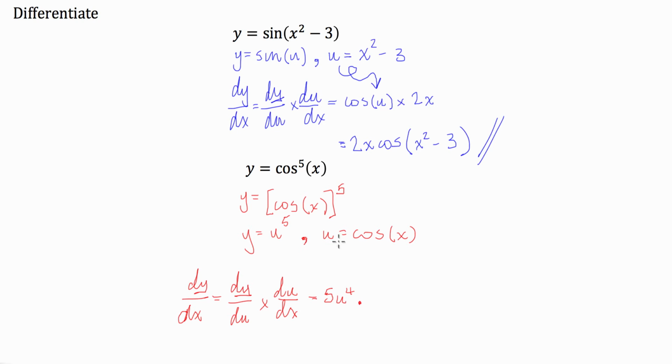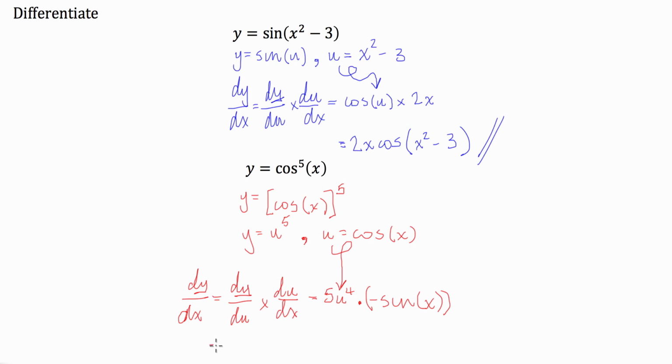the derivative of u in terms of x. So the derivative of cosine is negative sine, so I'll put it in brackets. There we are. Now we just substitute in our u, and I'm going to move the negative out to the front.